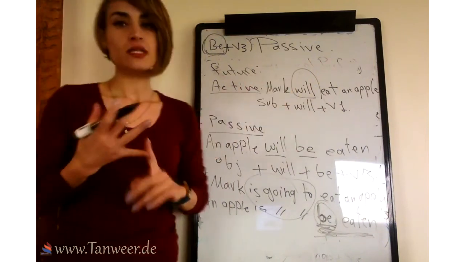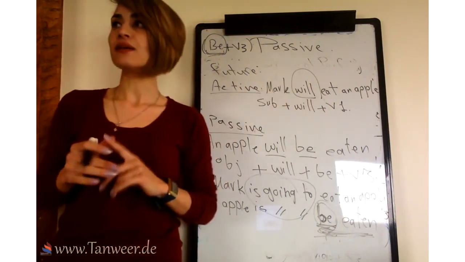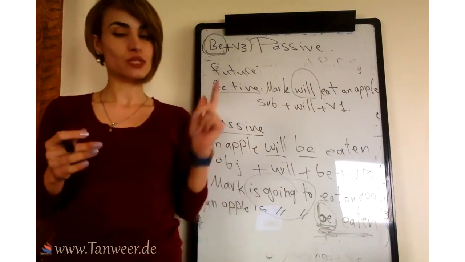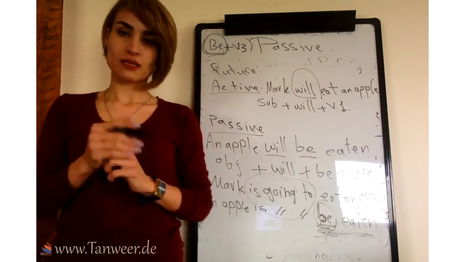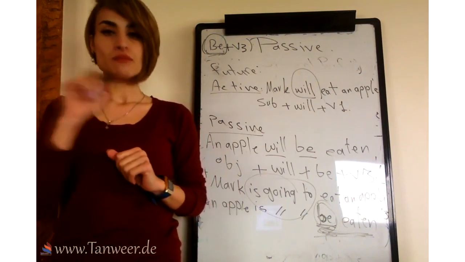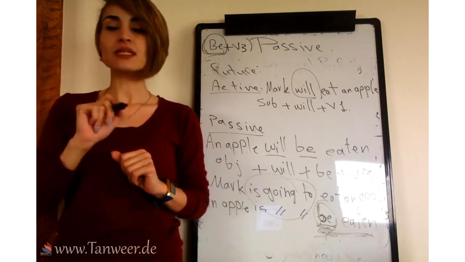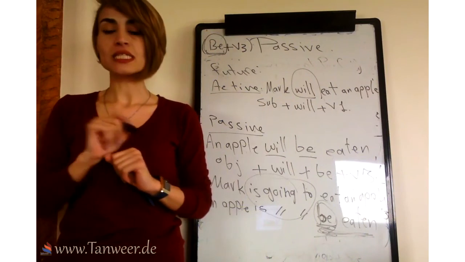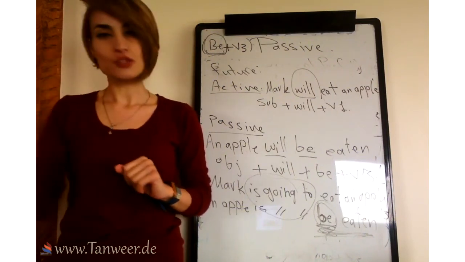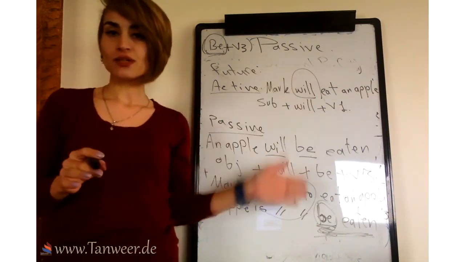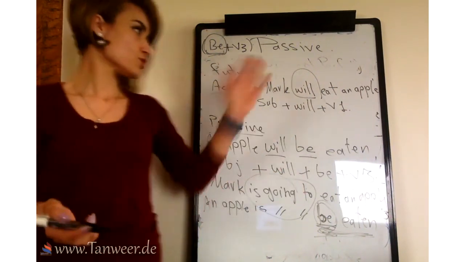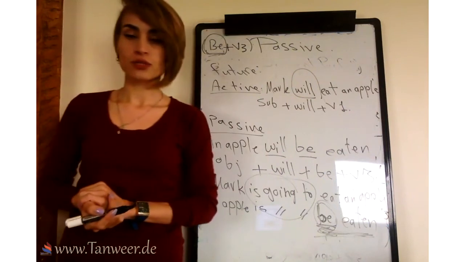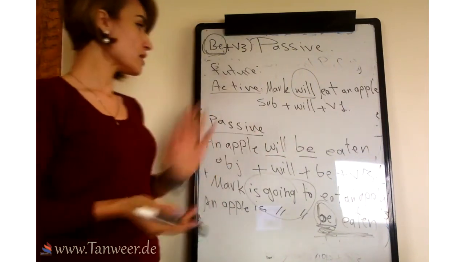So after will, could, can, might, have to, has to, whatever, we use be plus verb 3. Should be eaten, must be eaten, might be eaten, can be eaten, could be eaten, have to be eaten, has to be eaten. Okay, so this is passive with modals, and the future, of course, if we are using will or going to. Good? Yeah, this is the idea.